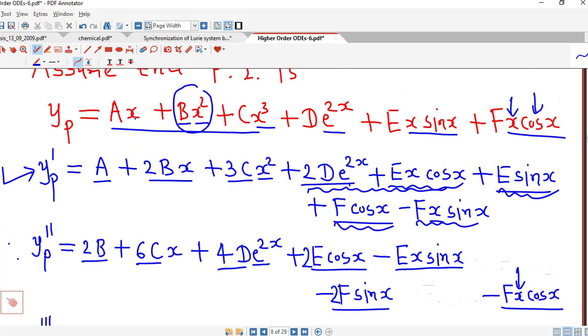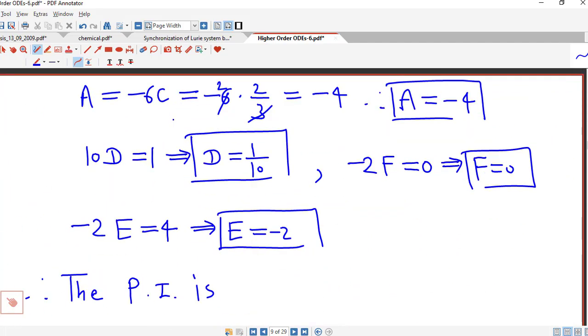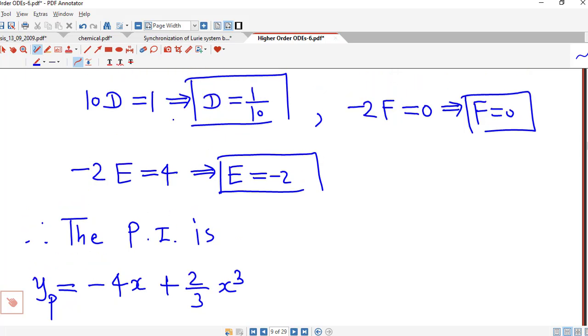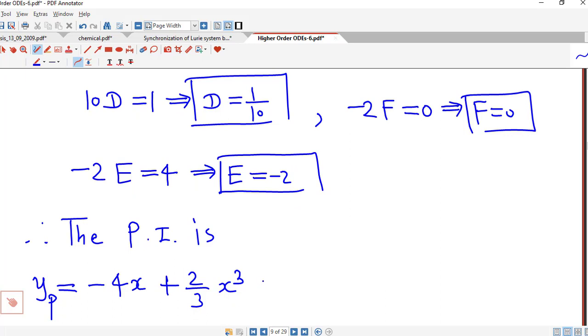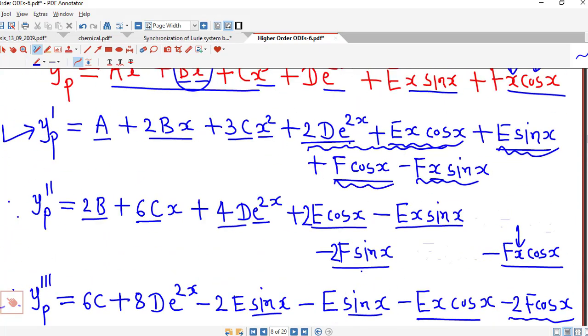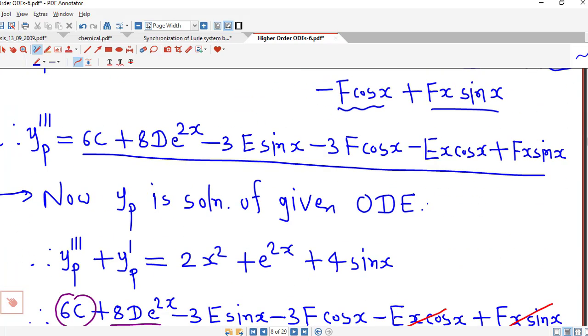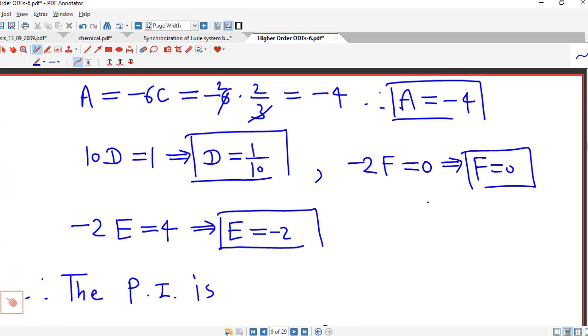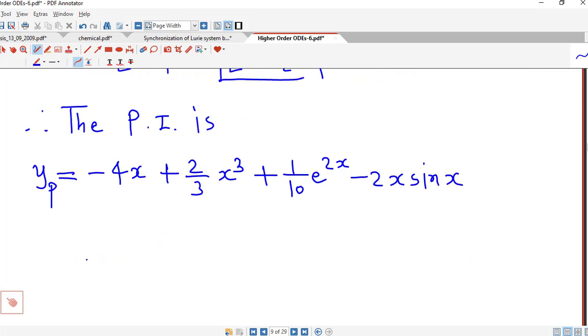Ax plus cx cube, that is minus 4x plus 2 by 3 x cube, plus d into e raised to 2x, so here d is 1 by 10, e raised to 2x. And then we have written ex sin x plus fx cos x. The value of e is minus 2, so we have minus 2x sin x, and the value of f is 0, so this is our particular solution.